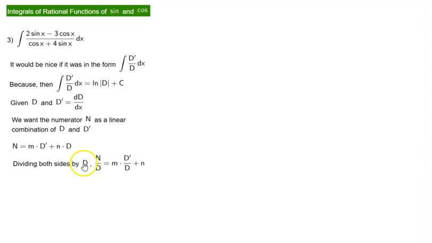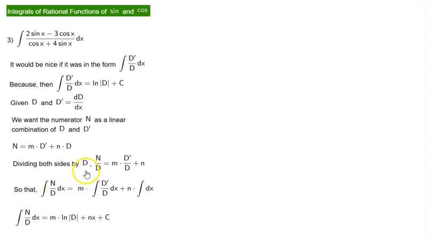So dividing both sides by d, we get n by d is equal to m times d prime by d plus n. Just work out the algebra of that. So the integral of n by d dx is equal to the integral of m times d prime by d plus the integral of n dx.